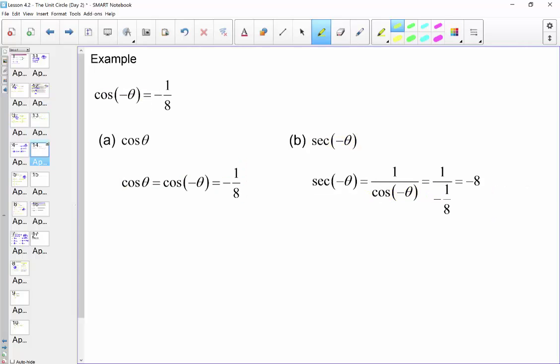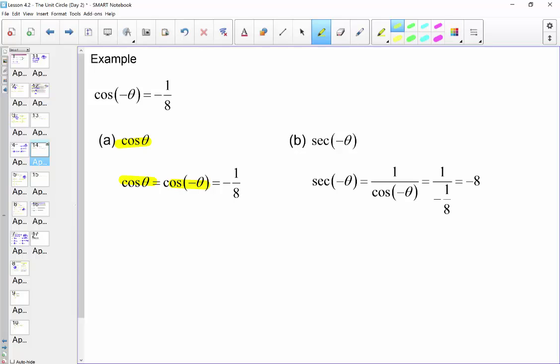Here we're given the cosine of negative theta equals negative 1/8. And we're asked to find the cosine of theta and the secant of negative theta. So in finding the cosine of theta, we know that the cosine of theta equals the cosine of negative theta by our negative angle identities.